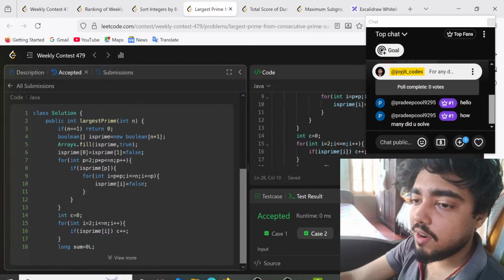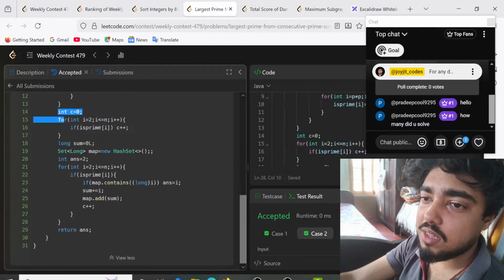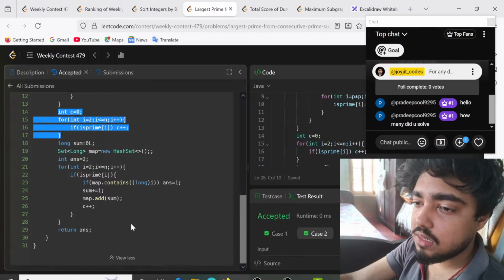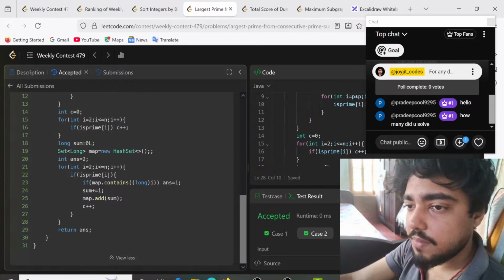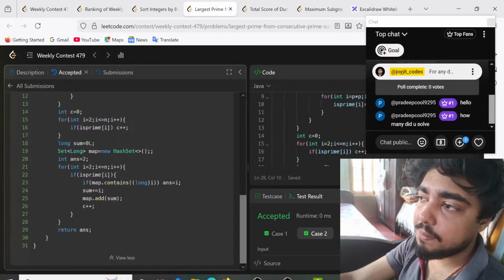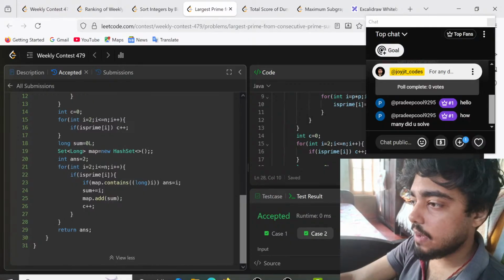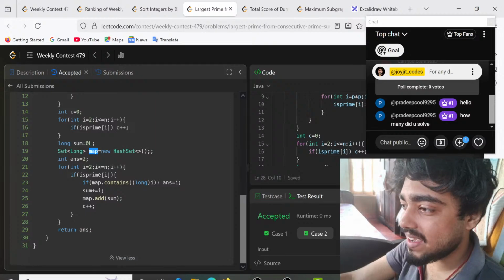After that, what we are doing is, okay, this is basically nothing. I was thinking of something else, but this was not needed. So long sum is equal to 0, and then I'm getting a map or set, whatever you may call it. I prefer calling it map, no matter if it is a set or anything else.